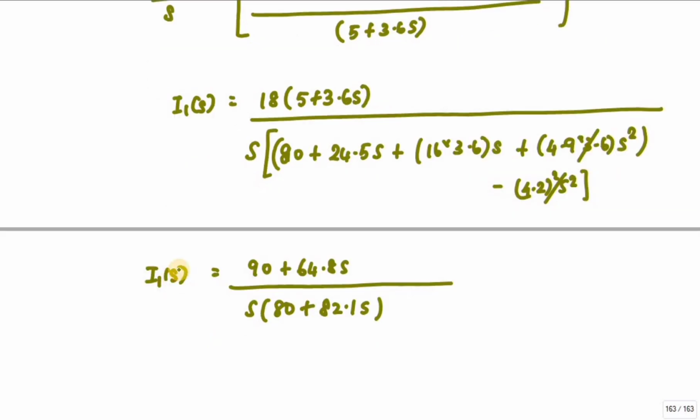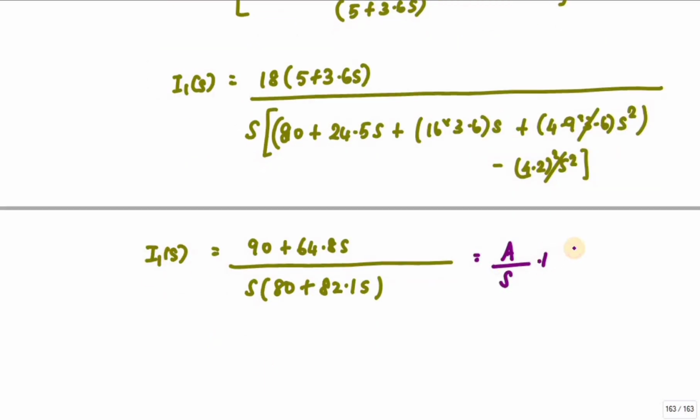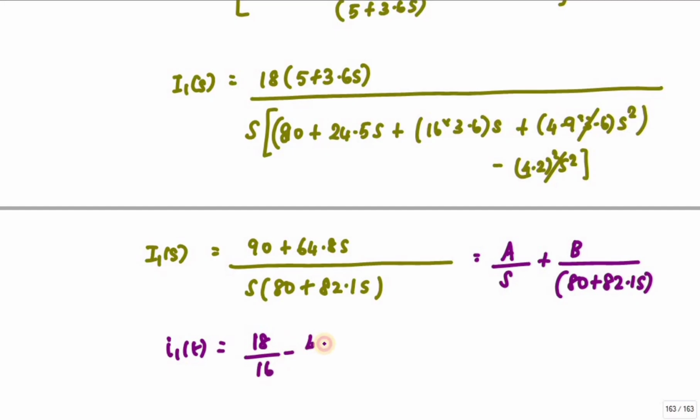I am going to take the partial fraction, that is a divided by s plus b divided by (80 plus 82.1 s). On solving, I will get I1 of t equal to 18 divided by 16 minus 441 divided by 13.6 e power minus 80 divided by 82.1 t.